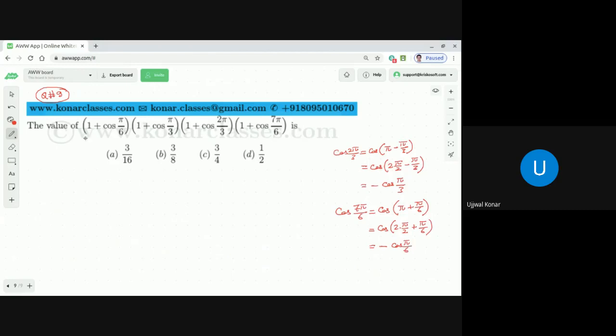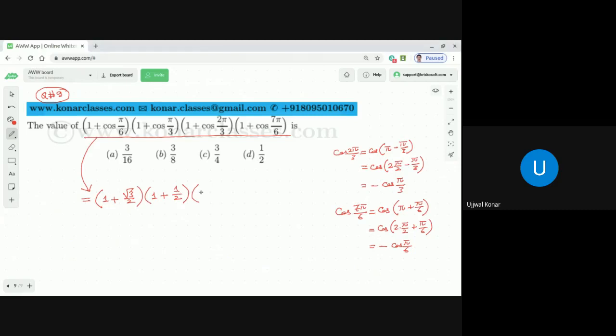So now if you start finding the value of this entire expression, what are we going to get? That is equal to 1 plus cos pi by 6. Cos pi by 6 means what? Is equal to root 3 by 2. Correct or not? 1 plus root 3 by 2 into 1 plus cos pi by 3, that is equal to 1 by 2, into 1 minus cos pi by 3.